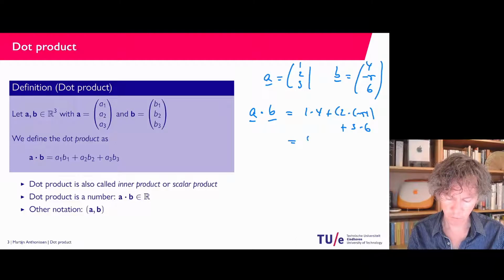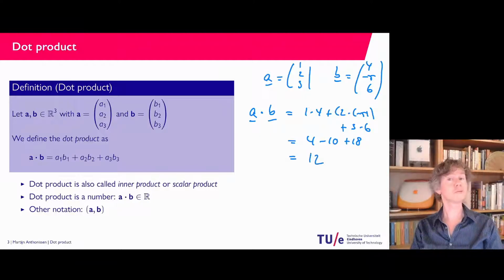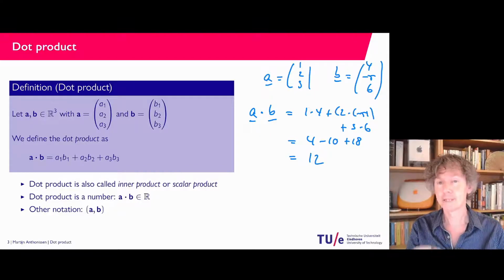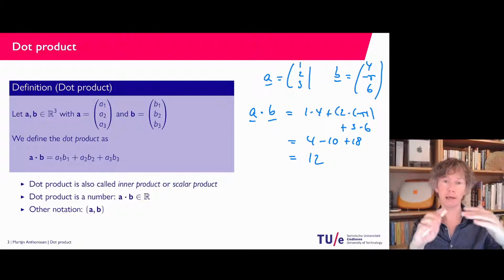So there's going to be 4 minus 10 plus 18, which is 12. So for now, this number does not have any interpretation. Why this is useful, we will show in a bit, but this is how you do it. So it's a fairly simple operation. You take two vectors, multiply component-wise, and add those numbers together. And here you find 12.